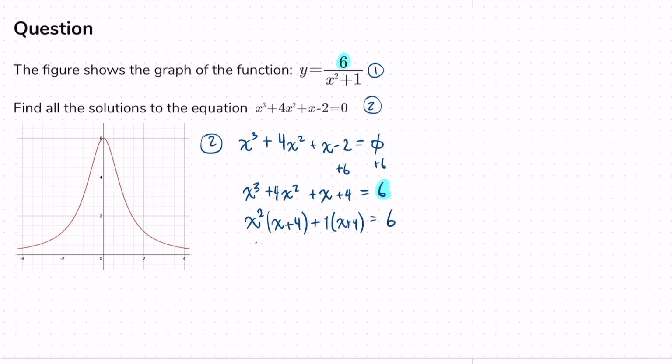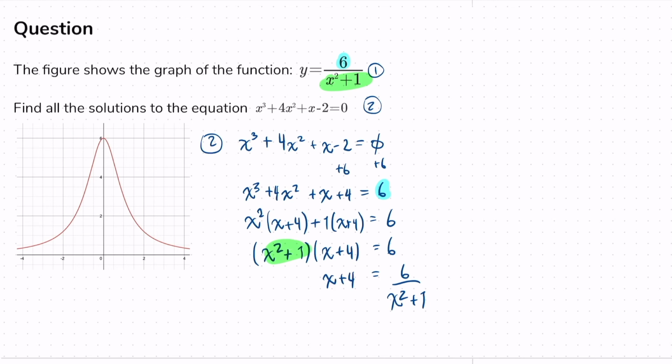Right, I can factorize that again, giving me x squared plus 1, x plus 4, here we go. And now we can see, right, now I've got this figure here. So I'm going to divide both sides by that, giving me x plus 4 equal to 6 over x squared plus 1. Perfect.